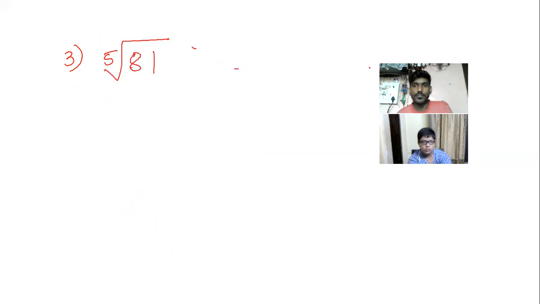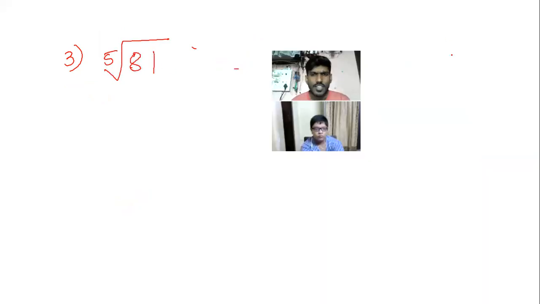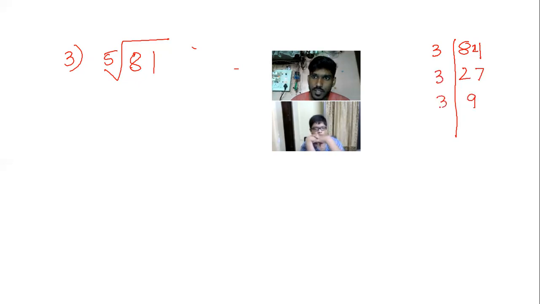Let's see the next one, the third one. Fifth root of 81. First, let's try to identify by finding out its prime factors. So it's divisible by 3. 3 twos are 6, borrow 2. 3 sevens are 21. 3 nines are 27. 3 threes are 9.